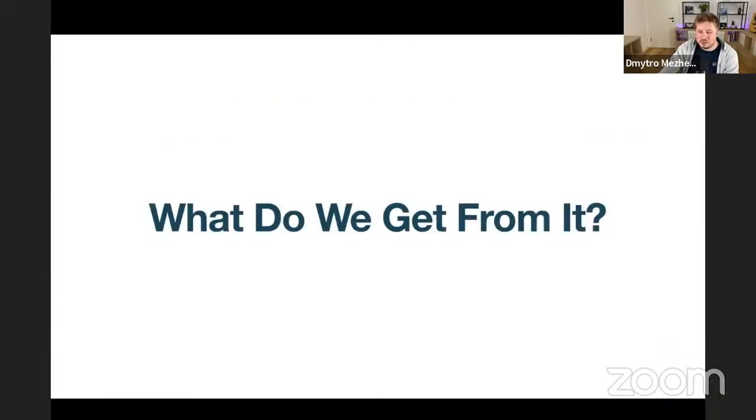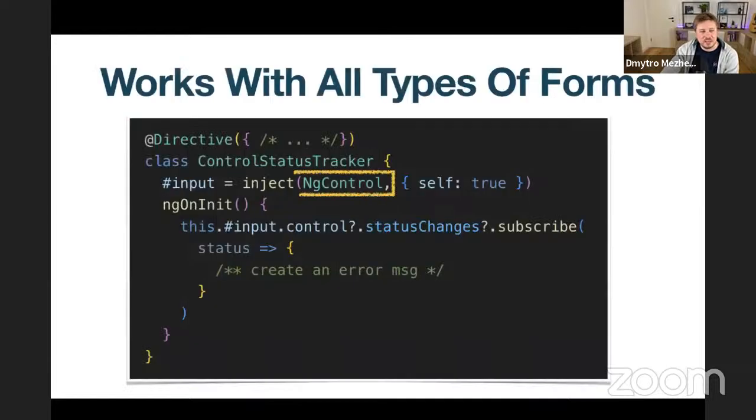It means that we can solve our issue and make our code more generic if we inject NgControl instead of the concrete implementation of the directive. NgControl is an abstraction that sits in front of the concrete implementation, and at runtime via dependency injection it already resolves to some concrete implementation of the directive.